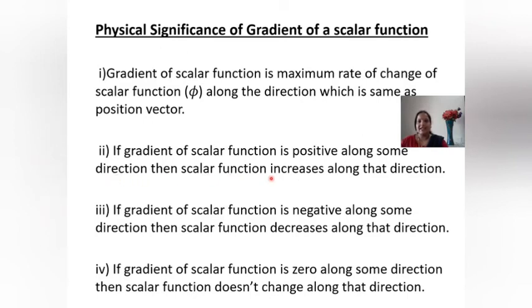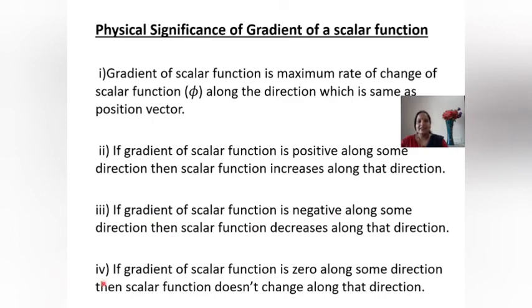If the gradient is negative along some direction, then the scalar function decreases in that direction, and vice versa.